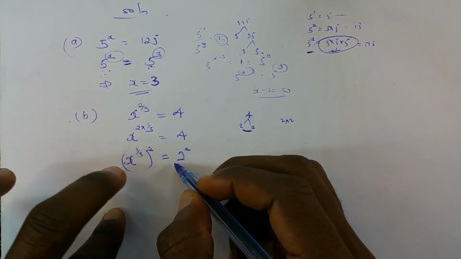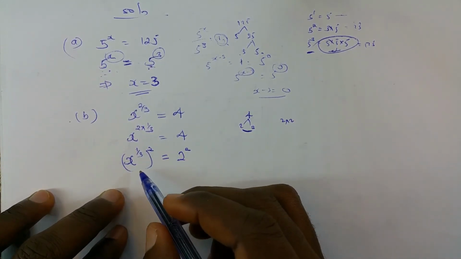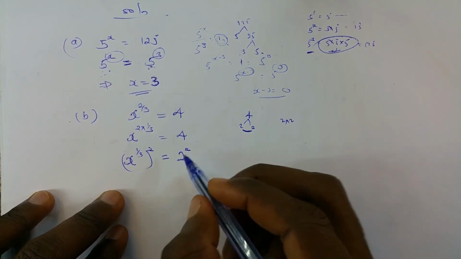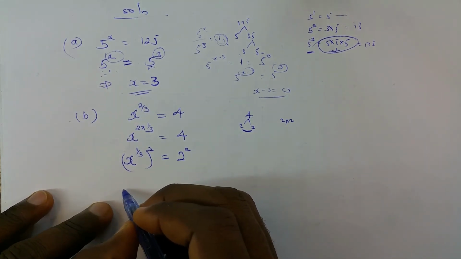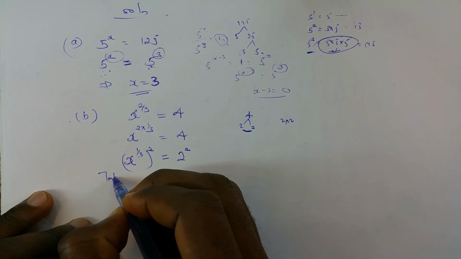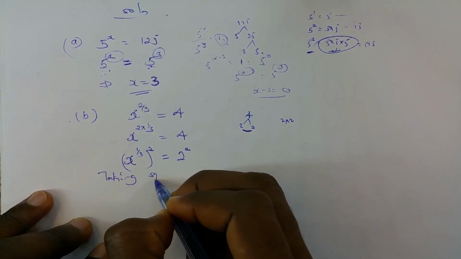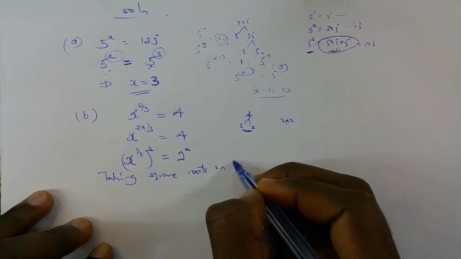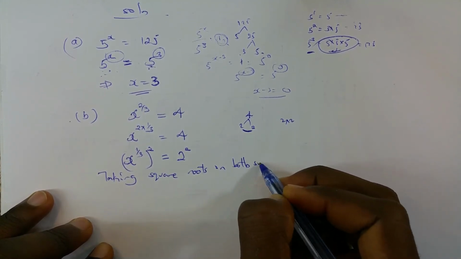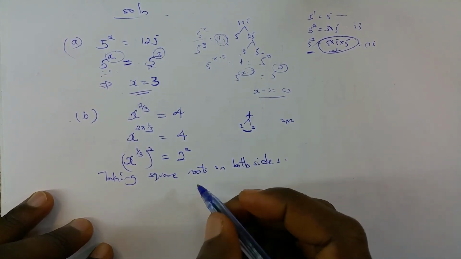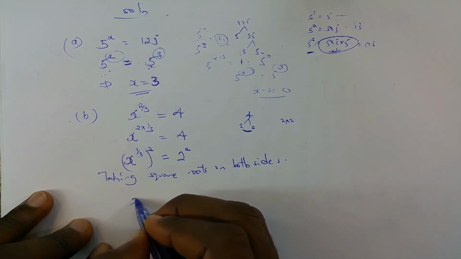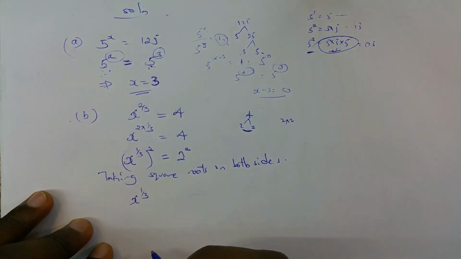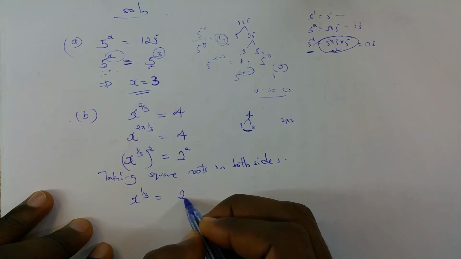So actually we can see that if we take the square root on both sides, what would we have? We are going to have x to the power one third giving us 2.